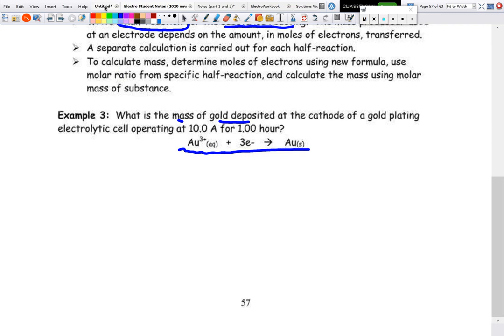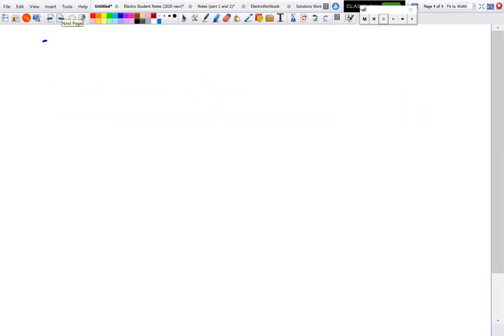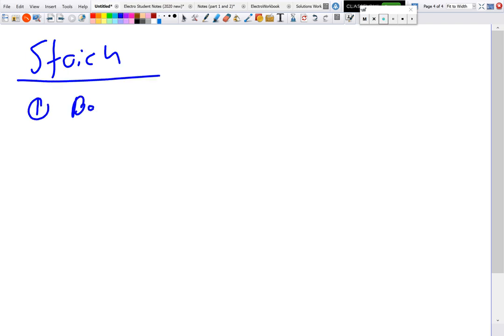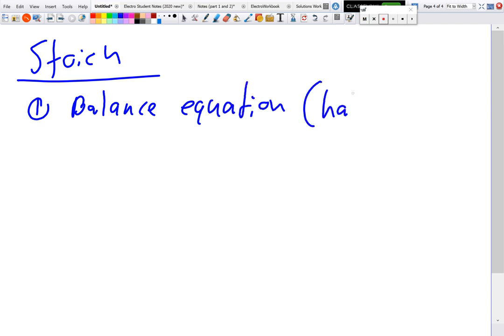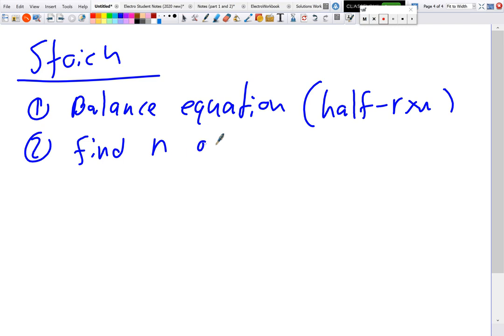If you remember the steps for all stoich problems, step 1 is our balanced equation. In this case, it's going to be the half reaction. Step 2 is always find the number of moles of our given substance.